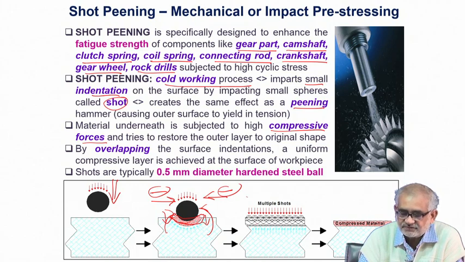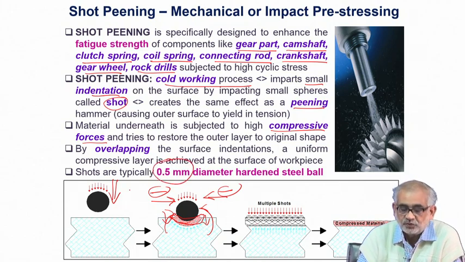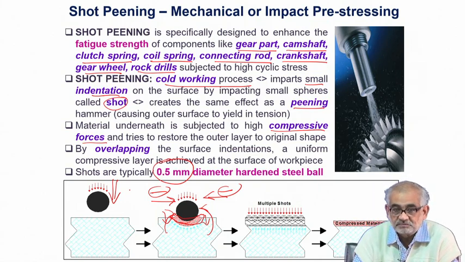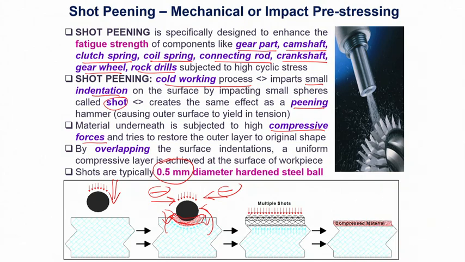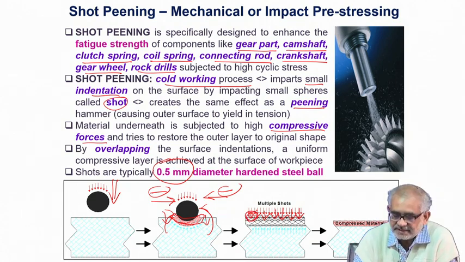If we have multiple impacts of very small size balls, we are talking about 0.5 millimeter, so fairly small, 500 micrometer. When we have multiple such impact events occurring on the surface, they are all incident onto the surface, and when the first impact occurs, the second one need not come simultaneously at the same spot, but comes after a time lag, and when it falls in another portion, there will be some overlap of plastic region.